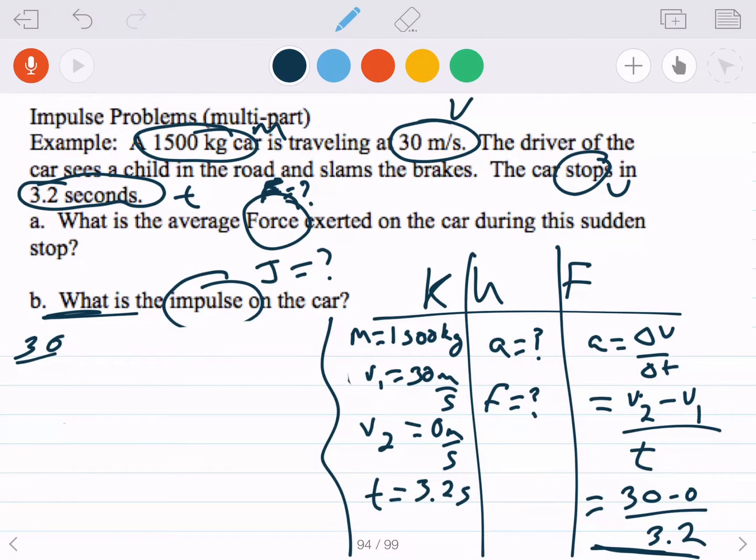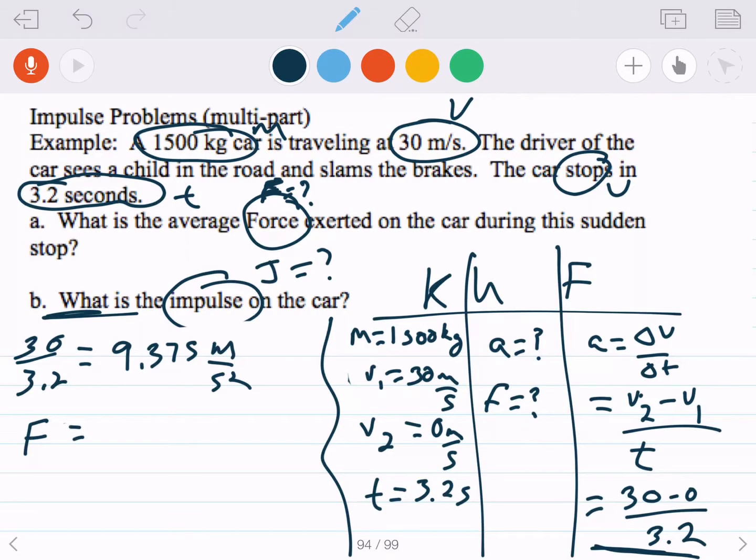But what's 30 divided by 3.2? Pull out a calculator, and what do you get? 30 divided by 3.2 equals 9.375 meters per second squared. That's our acceleration.